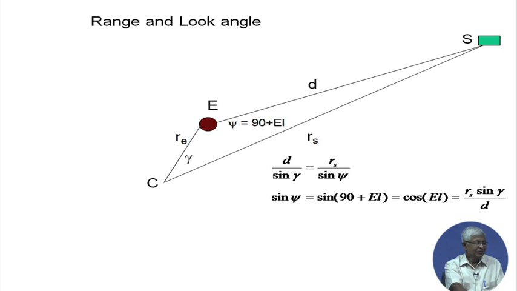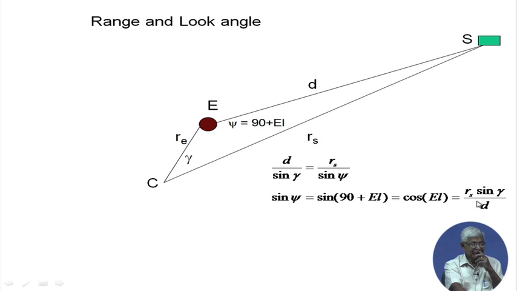Using sine law, we can state that d by sine gamma, opposite side angle, is r s by sine of the opposite angle, which is sine psi, which is nothing but 90 plus elevation. So, sine psi is sine of 90 plus elevation, which is nothing but cos elevation, and by side changing you can find out that cos elevation is r s sine gamma by d. Simple triangle.